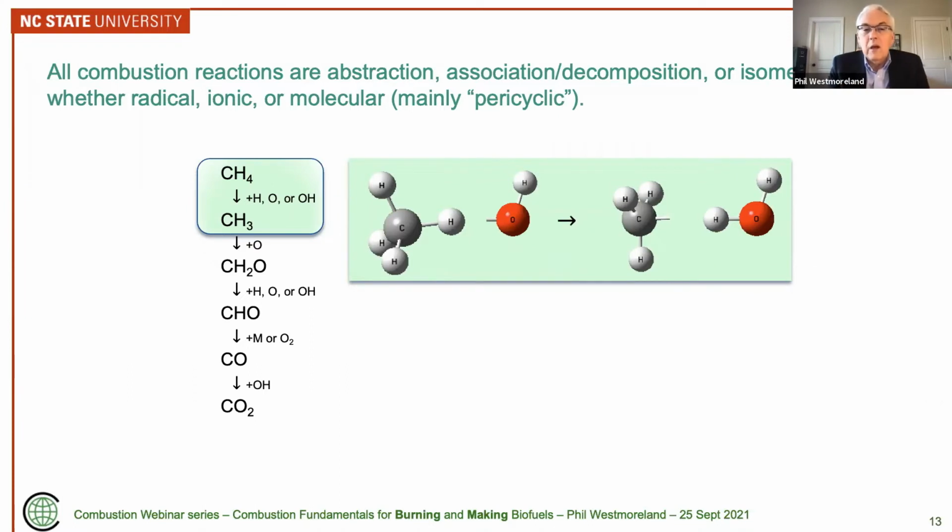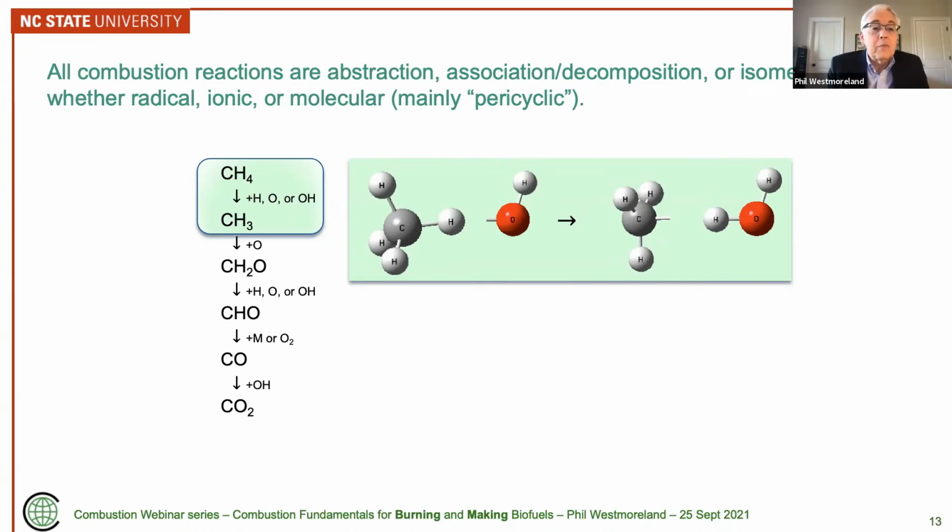Or we have isomerizations, whether we're talking about radical chemistry, ionic chemistry, or molecular chemistry. Molecular chemistry is mainly pericyclic, and I'll come back to that in a minute, because pericyclic chemistry happens in the middle of some of these reactions.